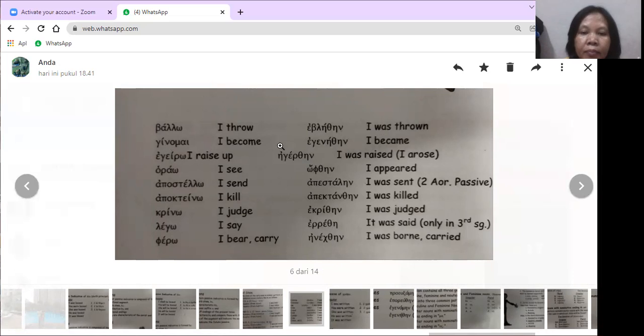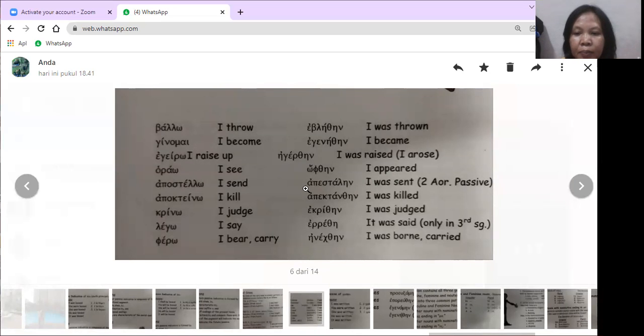Ginomai, I become; egenethen, I became. Egeiro, I rise up; egerthen, I was raised, or I rose. Horao, I see; ophthen, I appeared. Apostello, I send.